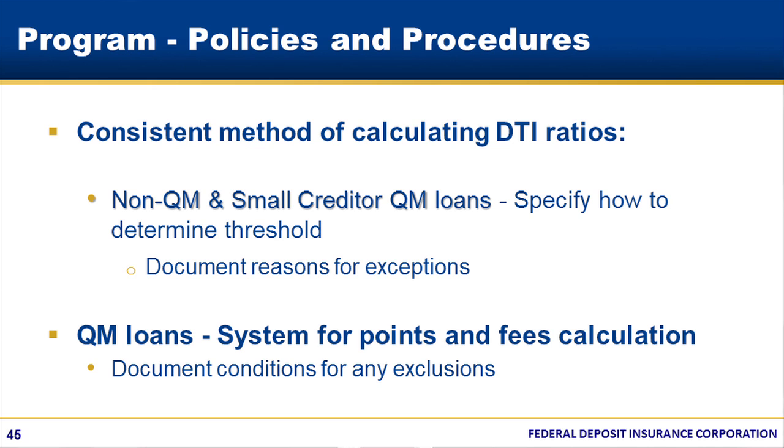For example, if the bank uses an affiliate for some origination services or settlement costs, policies and procedures should assure that all appropriate staff are aware of those entities, of how much, if any, of the charges are retained by the affiliate, and how to document that. Now, Elizabeth will discuss the training component of a compliance program.